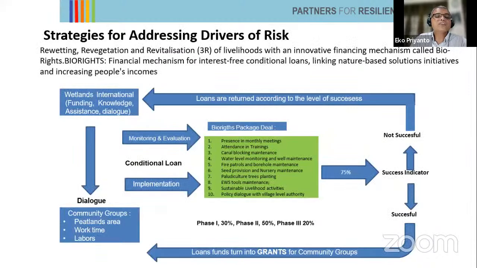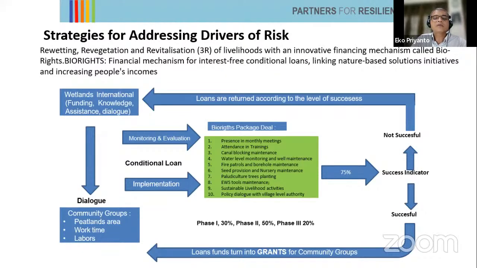We are using the BioRat approach as a kind of bonding mechanism for interest-free conditional loans, linking nature-based solution initiatives, we call them packages, and increasing people's incomes. The main goal is to increase the functionality of the ecosystem, which takes a long time.